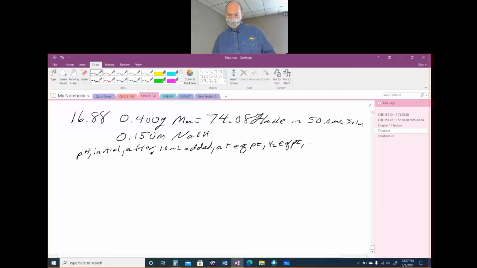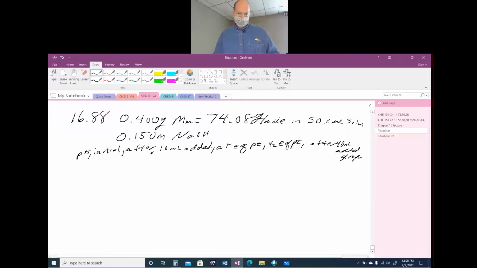Then I want the pH after 40 mils added. And then graph. So then you graph it. So this problem just has the equivalence point, but we're going to do the whole titration here.